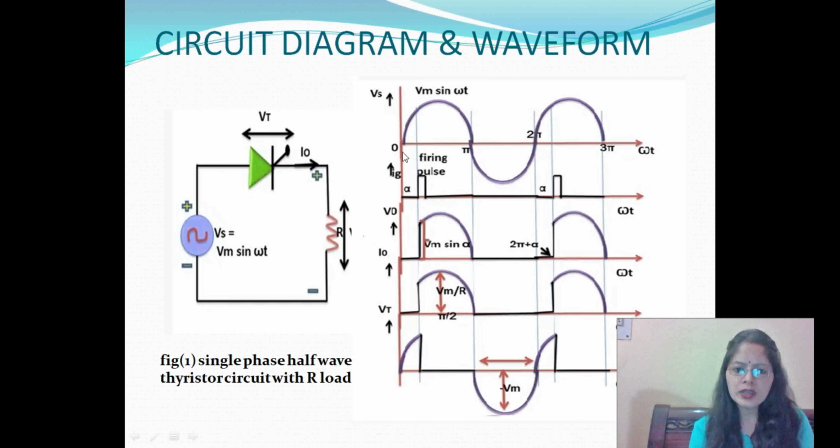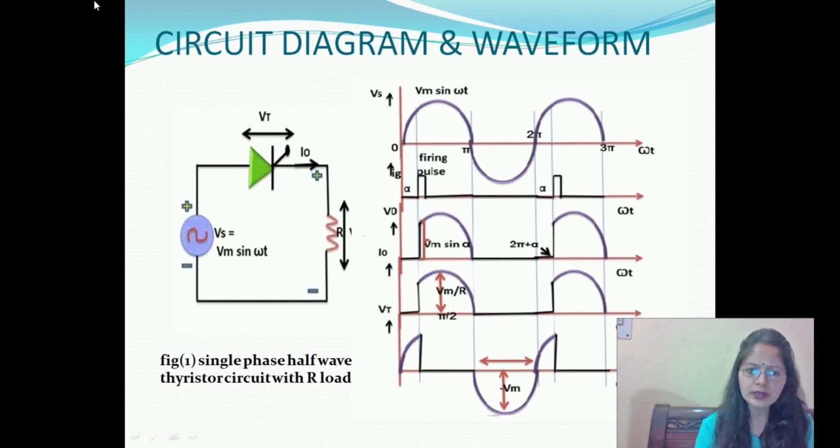So here from 0 to alpha, in this time this thyristor is in forward blocking mode, and we have already studied the forward blocking mode of a thyristor, the forward conduction mode and the reverse blocking mode. So in this short time 0 to alpha, this thyristor is in forward blocking mode, so it will not conduct.